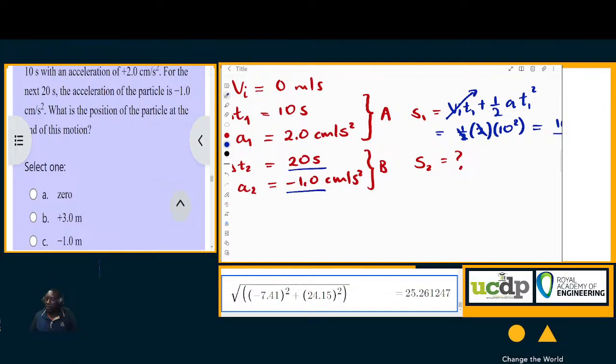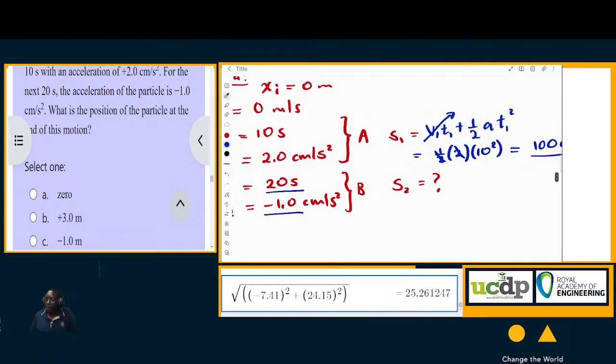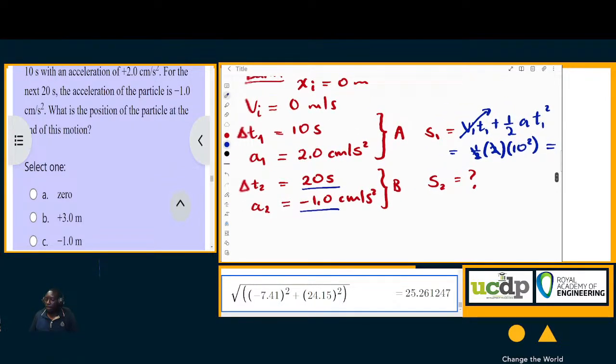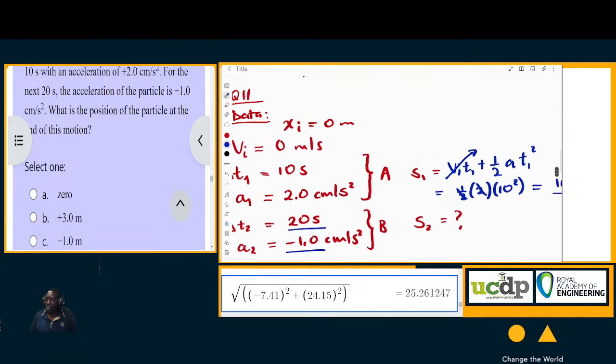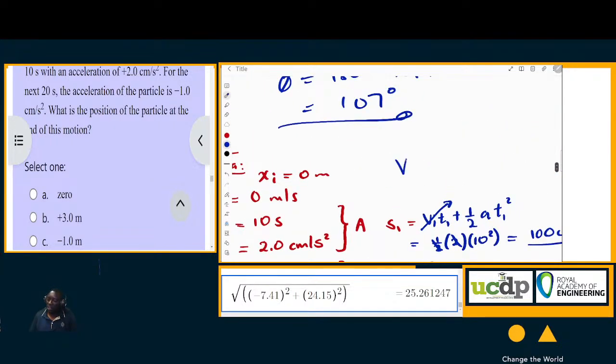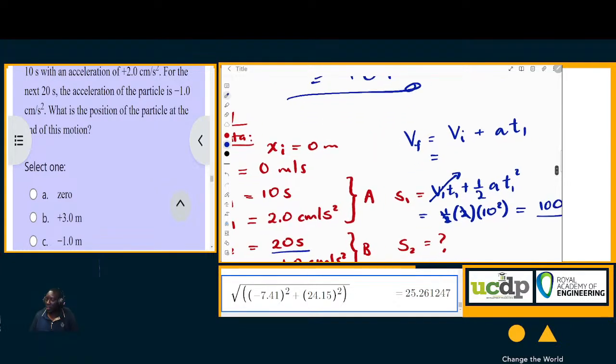Having an acceleration, an initial velocity and time, our final velocity Vf is equal to V initial plus a t. So we can find V final after 10 seconds, which is 0 plus the acceleration of 2 centimeters per second squared times the time, which is 10.